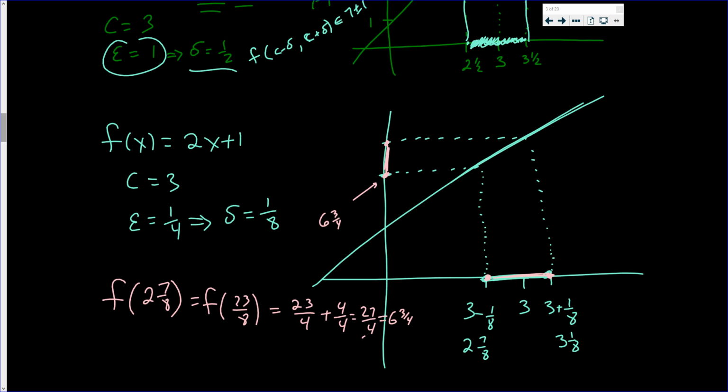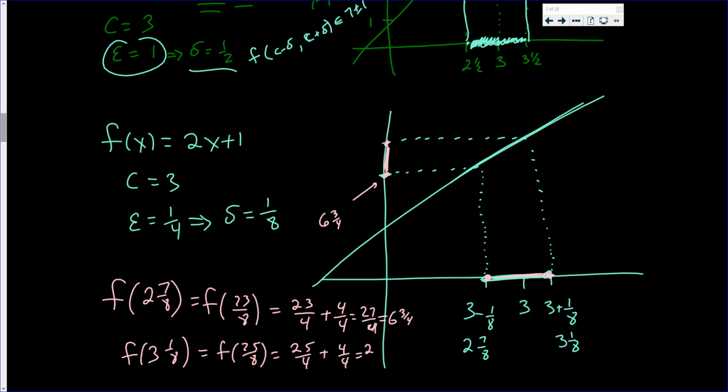Now, what is f of the upper endpoint? What is f of 3 1/8? This is the same as 25/8. 2 times that will be 25/4 plus 1. I write it as 4/4.